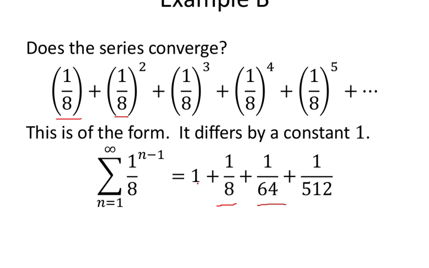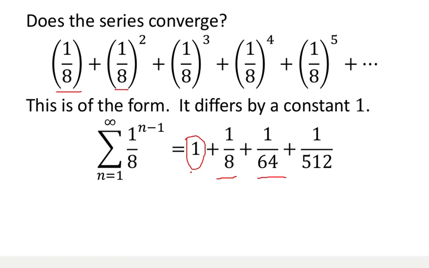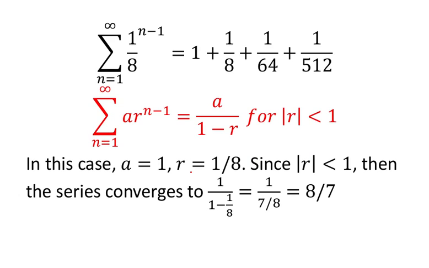And so I know that for the value this converges to, I'll have to subtract 1 from it. But this is a geometric series. Don't forget we had to put 1 in there, which brought this into our correct form. And so we take this, and our a is 1, our r is 1/8. And since r is less than 1 in magnitude, because it's 1/8, the series converges, and it converges to 8/7.